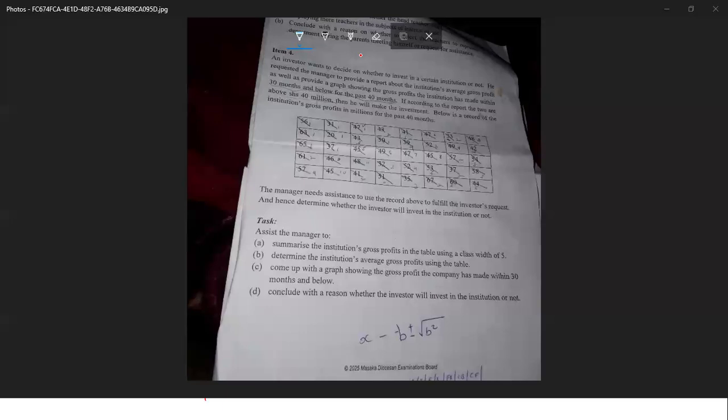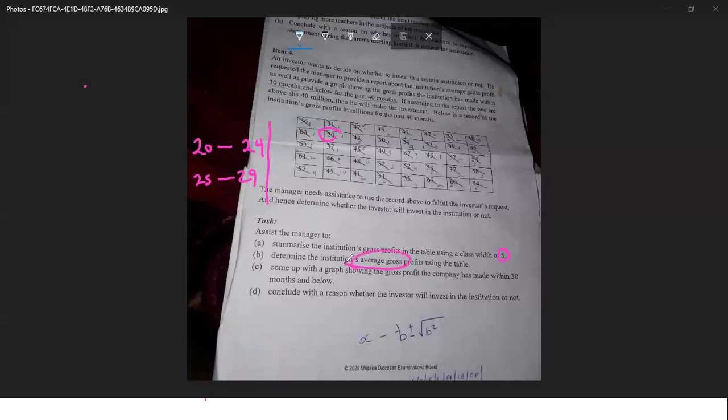Roughly, I'm seeing as if the smallest number was around 30. No, 20. I'm seeing 20. So you may decide to start from a class interval of 20. Since they told you 5, it will be 20 to 24, 25 to 29, like that. Then after, have your tallies and the rest.